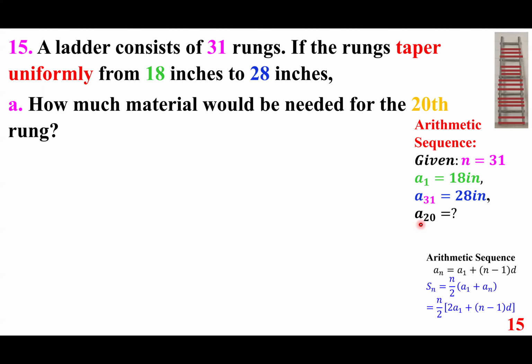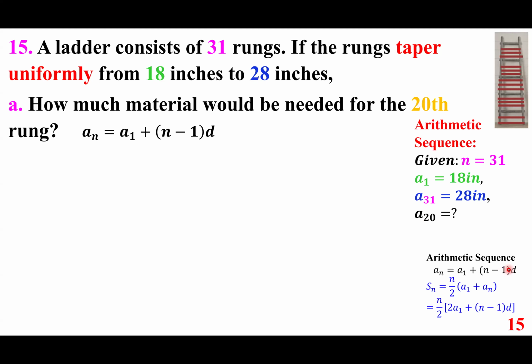That means we need to figure out the value of D, and we're going to go through that in a moment. But again, understand, 31 is total N, 18 is A1, and 28 is A sub N, more specifically, the last one, A sub 31. And now they're asking for A sub 20. So the formula for A sub N is here. We're going to use that.